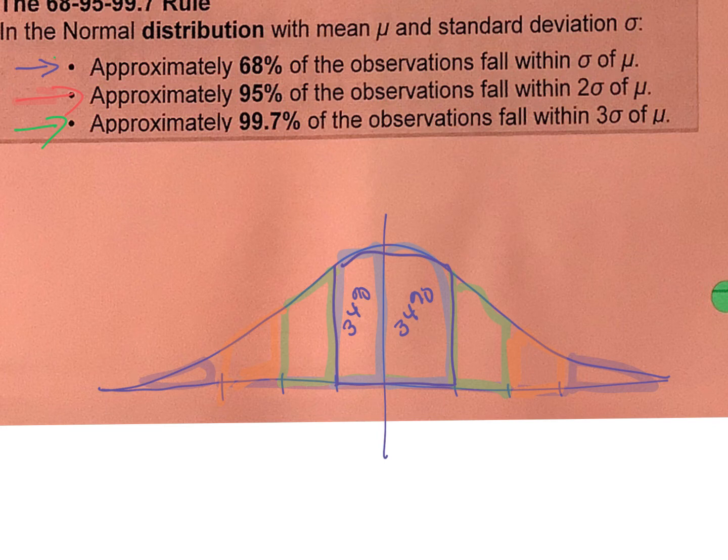Okay, so the second part of the empirical rule, what does that say? The second line. 95% of observations fall within 2 standard deviations of the mean.